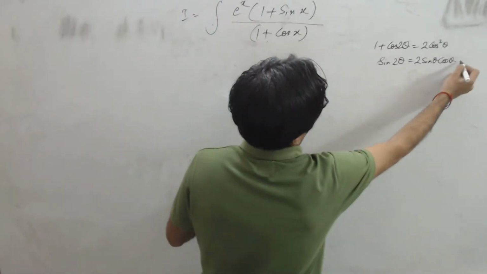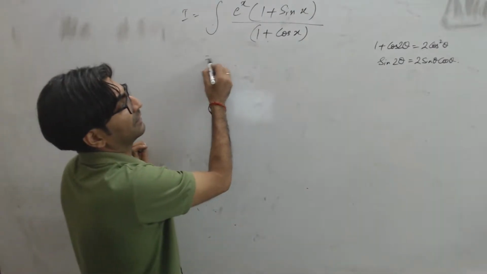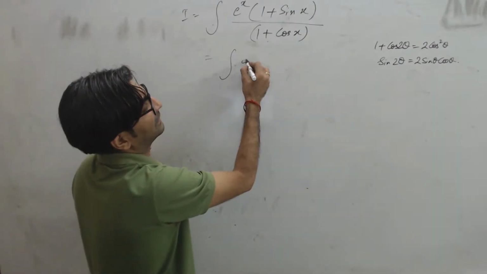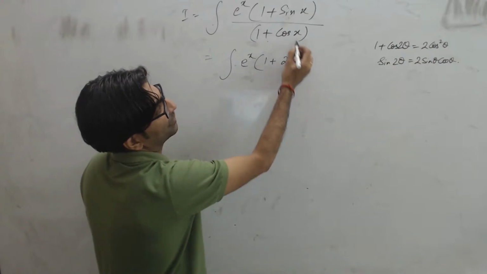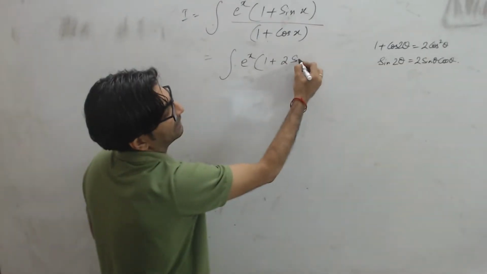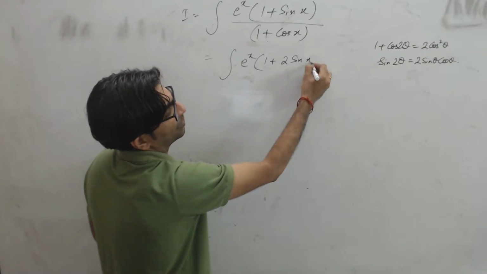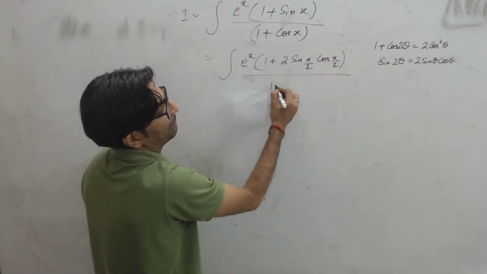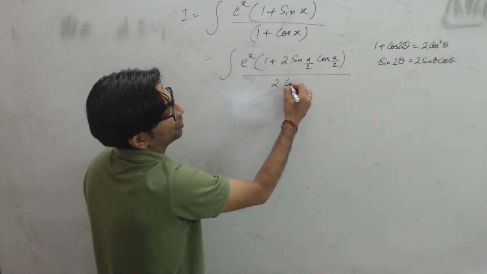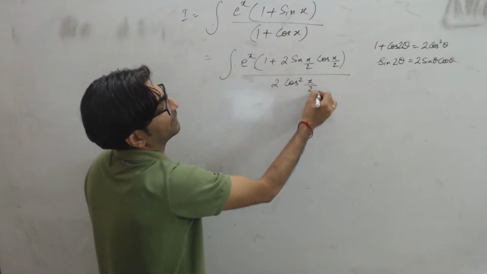So these are the two identities I'll use. So I can write this as e power x into 1 plus, sin x will be 2 sin x by 2 cos x by 2. And denominator becomes 1 plus cos x, which is 2 cos square x by 2, right?